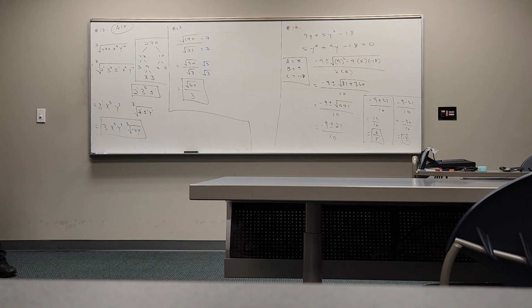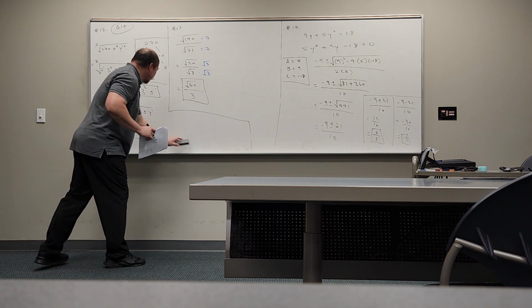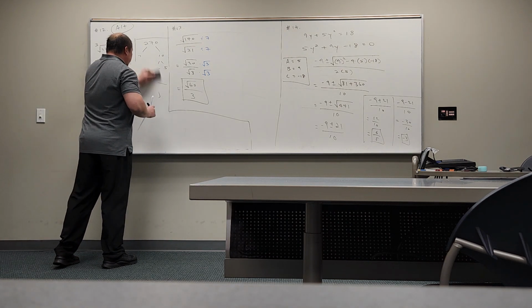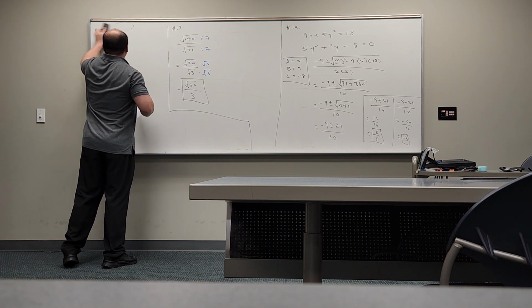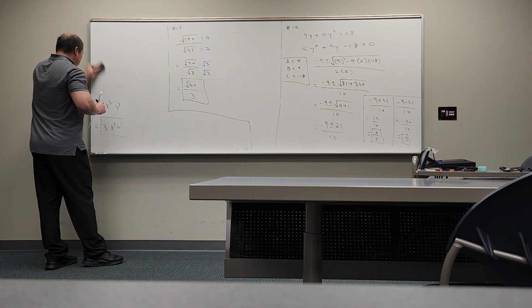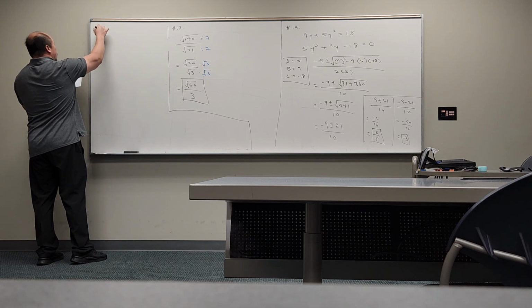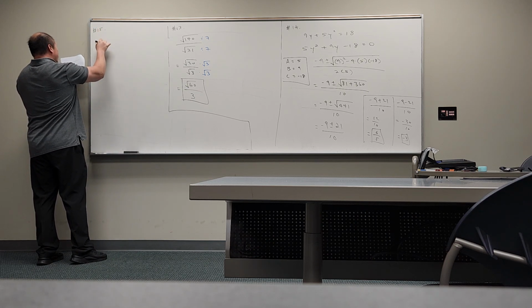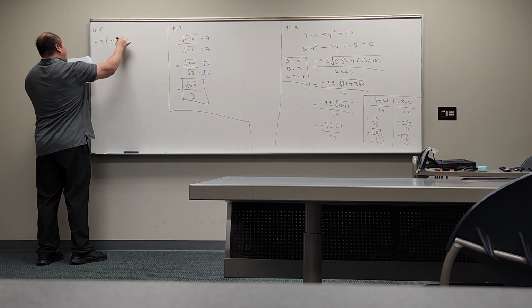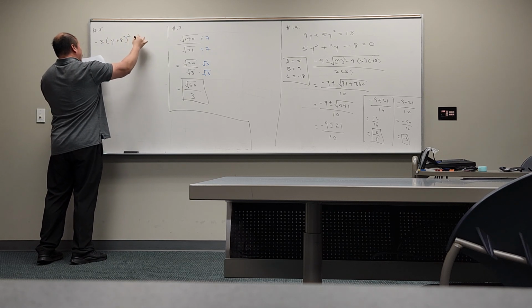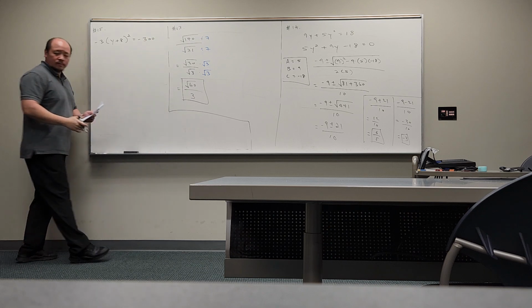Now let's look at number 15. 15 is a bit different now. It's actually easy. Number 15 is going to be -3 times (y plus 8) squared equals -300.